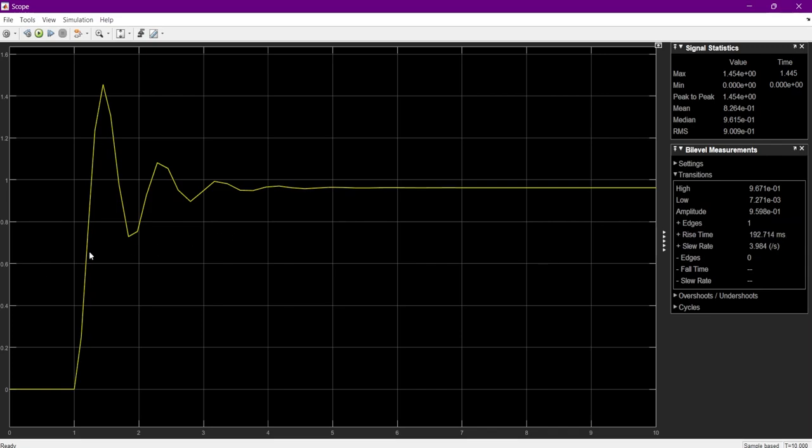But look, when we were increasing the gain of the proportional controller, the transient response of the system is getting worse and worse. What I mean by the transient response is, first of all, it increased the overshoot. You can see that the overshoot of the system is from 1 to 1.4. So it's almost 40% or more of overshoot.